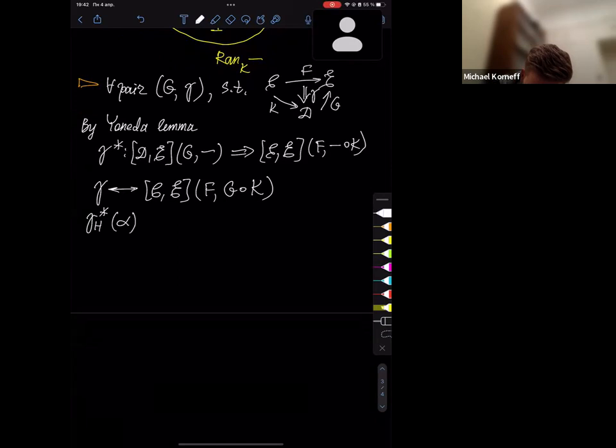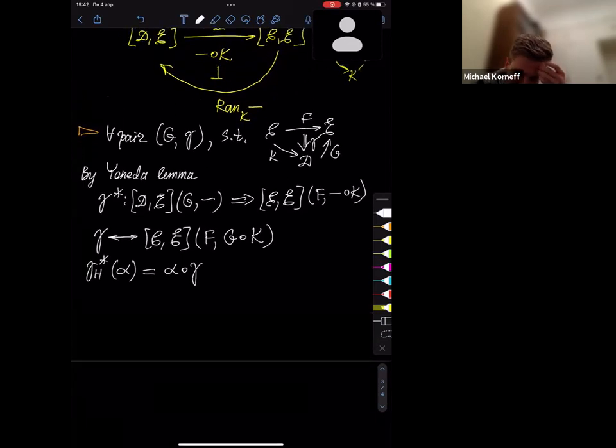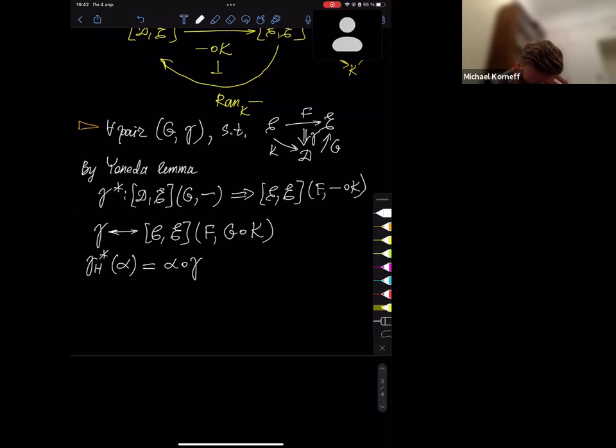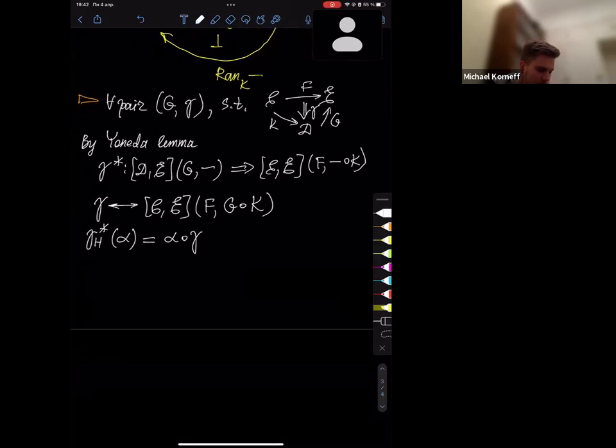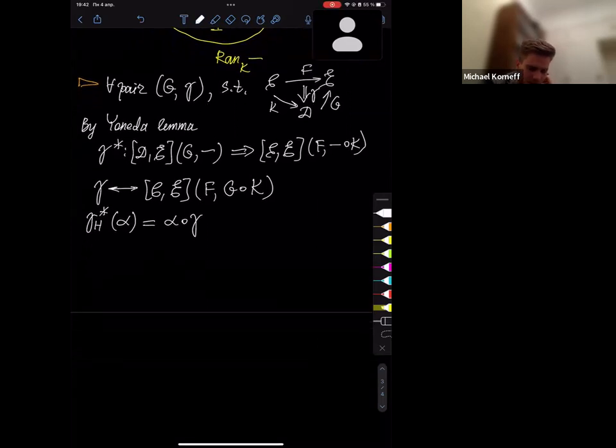Gamma star of alpha equals the composition of alpha and gamma. Alpha is a natural transformation between G and H, and we can form this map.